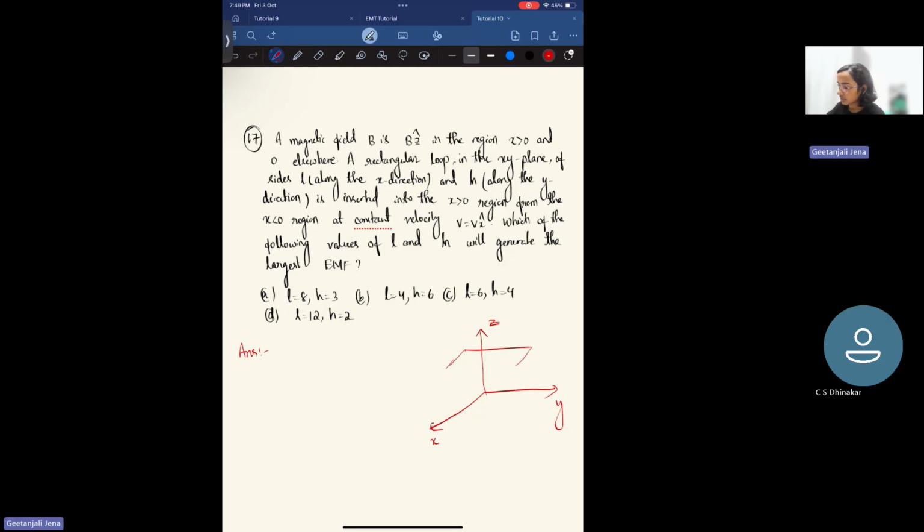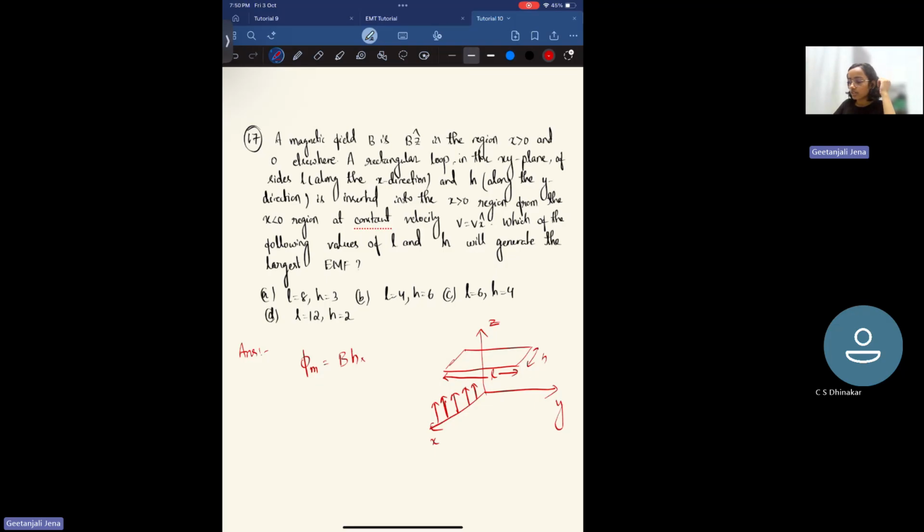So there is a rectangular loop, and the length along the y direction is H, along x is L. And the magnetic field is present in the x greater than 0 region. If you want to write out the magnetic flux, it is B dA, so B times H and the length segment in the x direction.